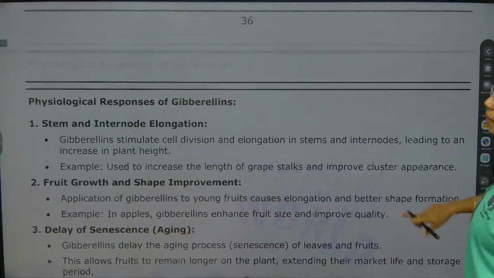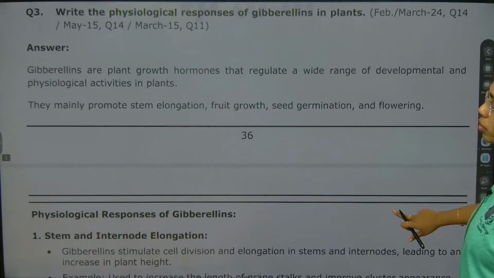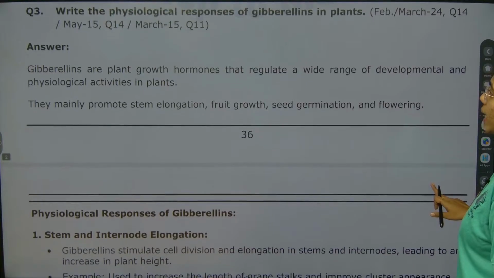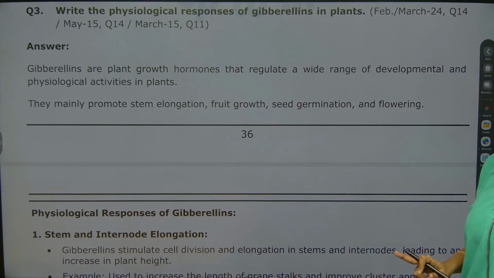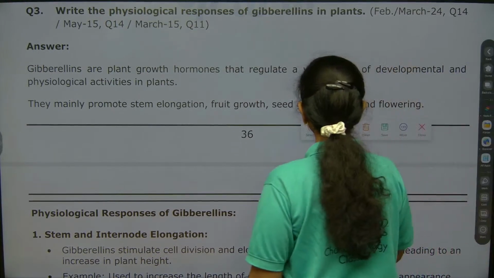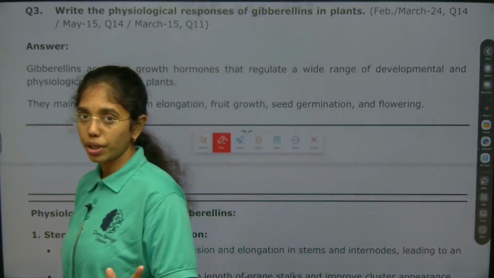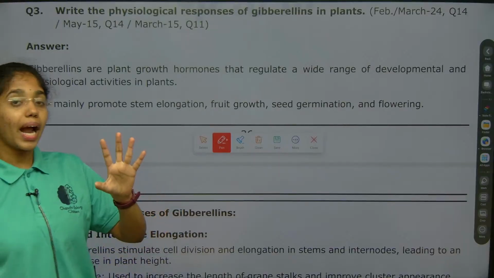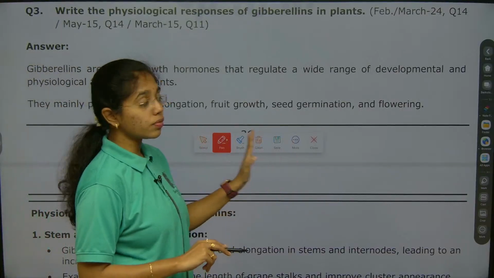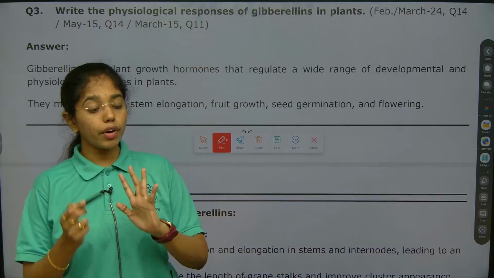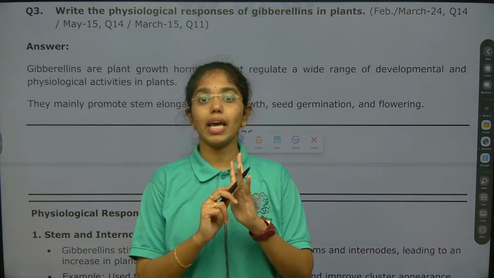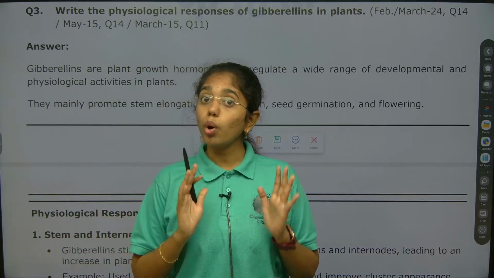So when plant growth and development comes into the picture, you have to highlight plant hormones or plant growth regulators, both plant growth promoters and plant growth inhibitors. All are important. Plant hormones are important not just for your IPE, but also for your MSET, so look into that more carefully.